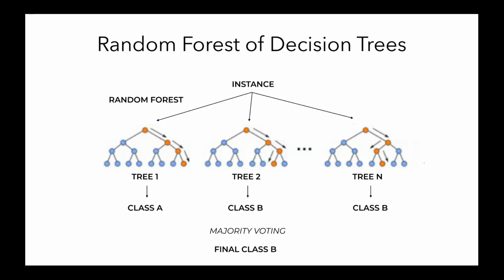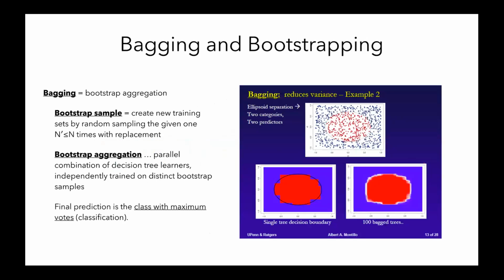That is the voting-based method with random forest compared to decision trees, right? Here we are looking at a single tree decision boundary, and this is multiple runs. If you see here, the accuracy has improved while using the random forest.